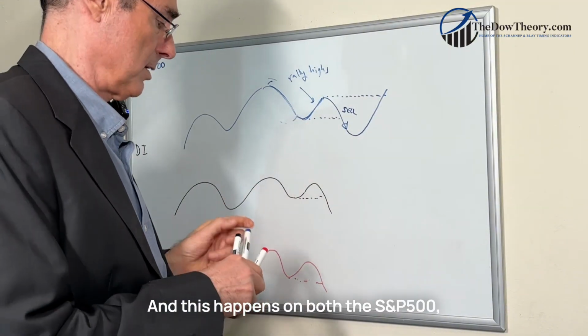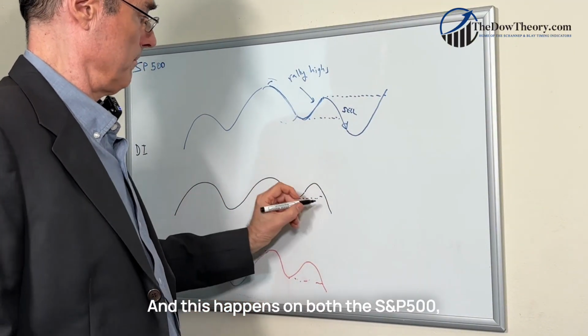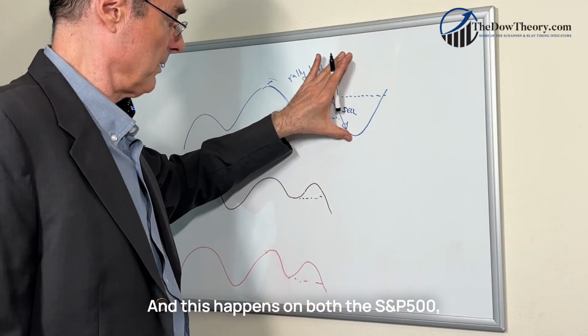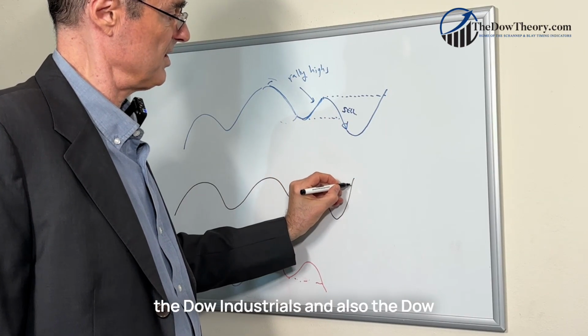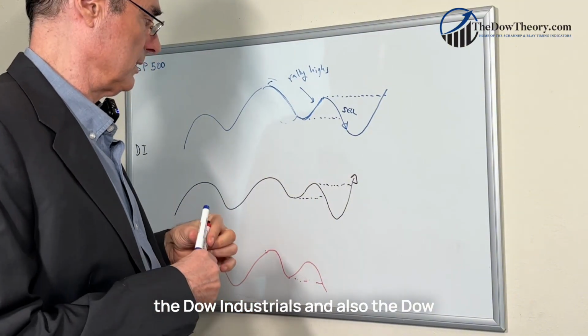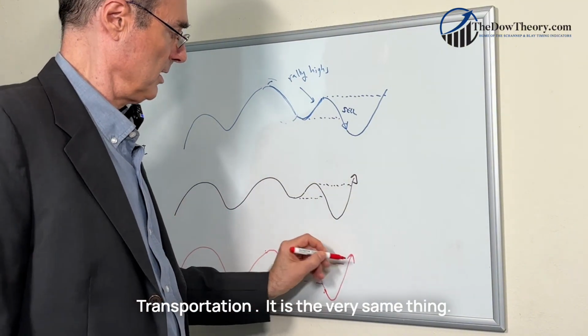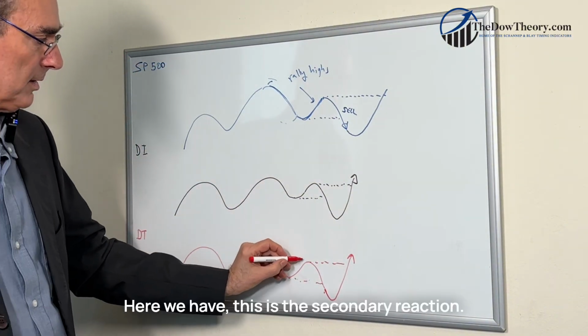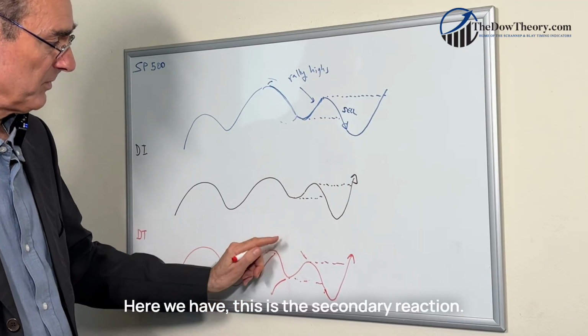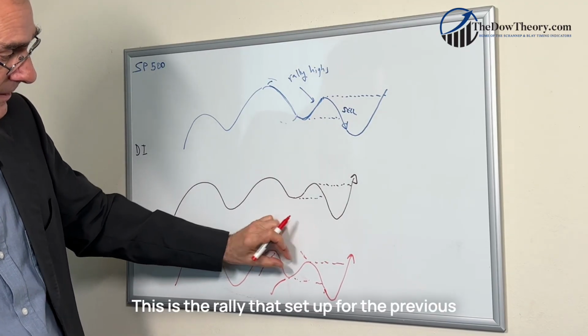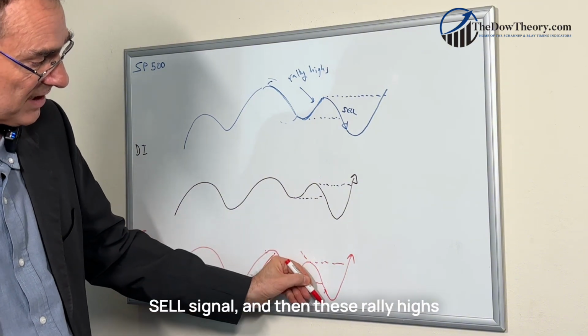And this happens on both the S&P 500, the Dow Industrials, and also the Dow Transports. It is the very same thing. Here we have, this is the secondary reaction. This is the rally that set up for the previous sell signal.